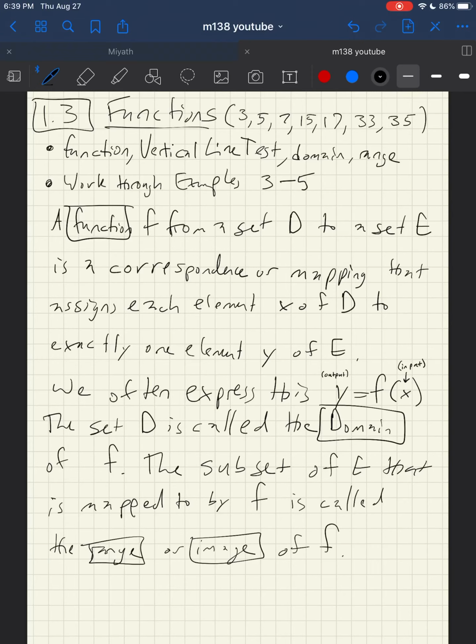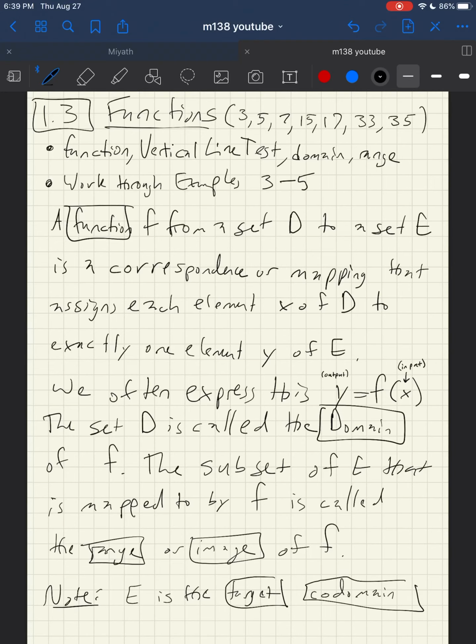Now you might say, oh no, E is the range. Okay, that's actually technically incorrect. E is something we call the target. So just as a side note, E is actually called the target. We could also call it the codomain.